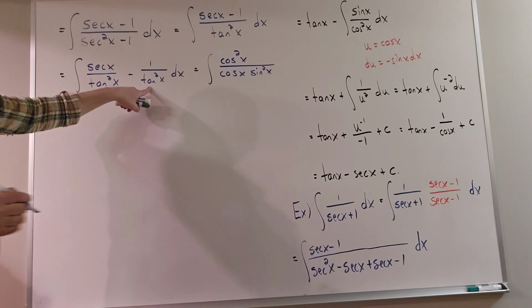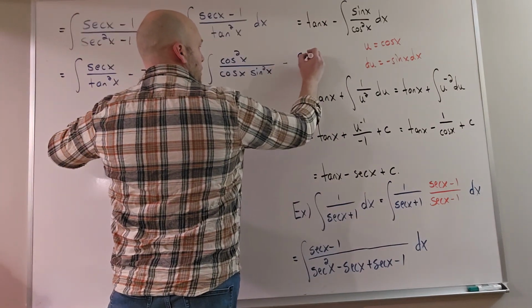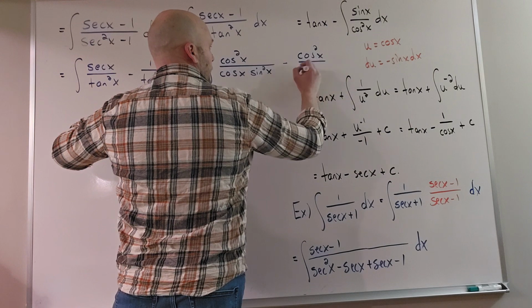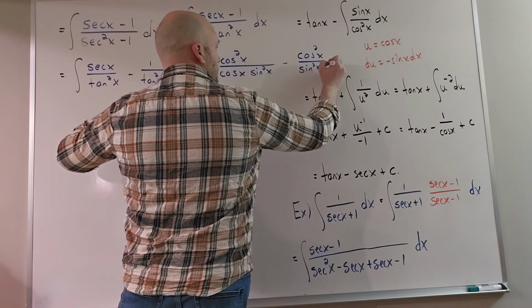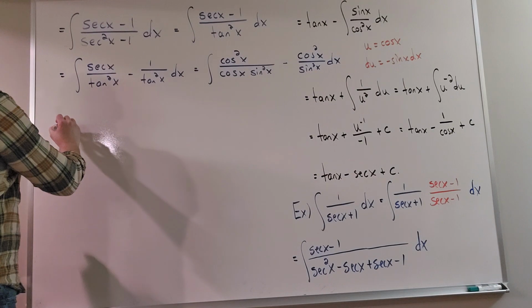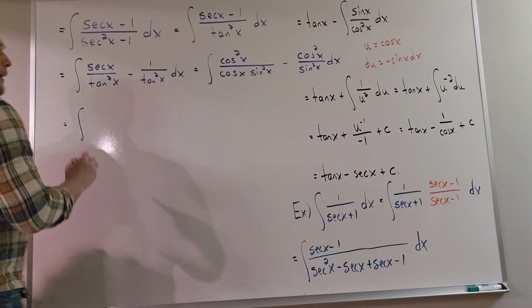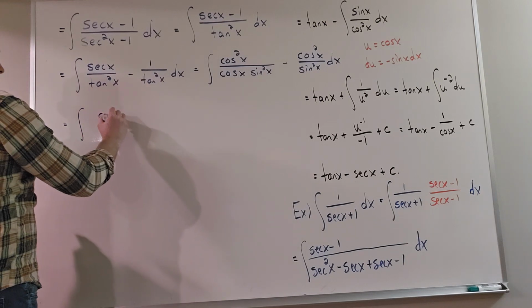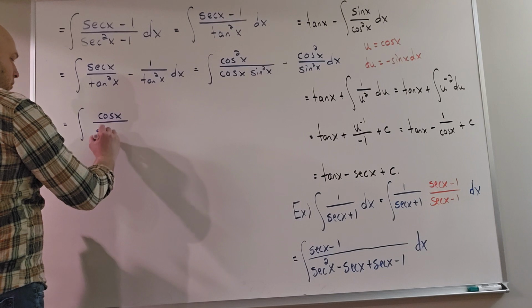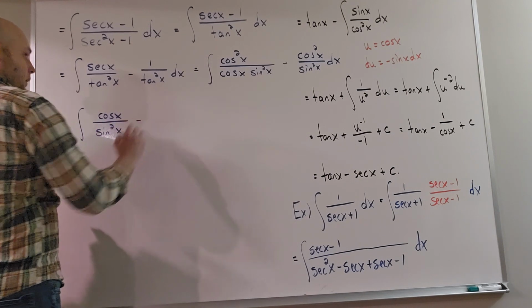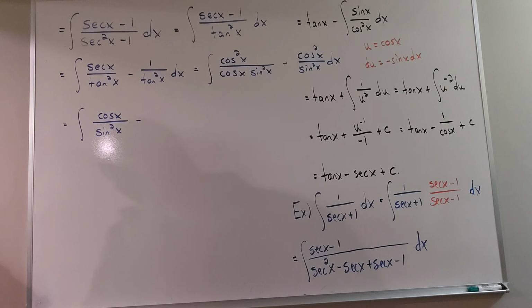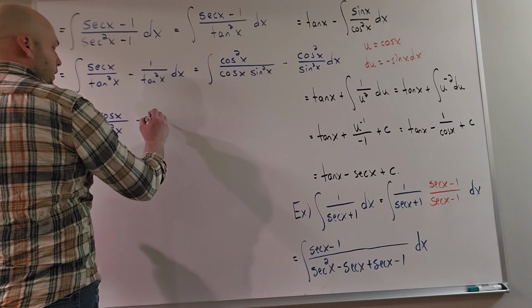And then 1 over tan squared, again, is the cotangent squared. In this first one, I can simplify and cancel a cosine, giving me cosine x over sine squared, minus, and for that second integral, let's leave it as cotangent.